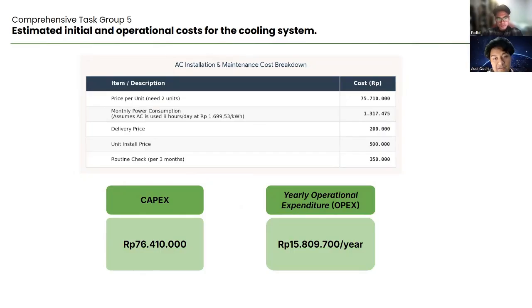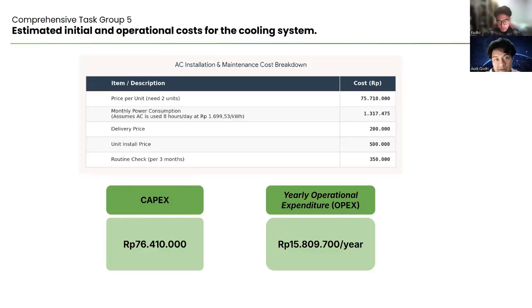The delivery price would be 200,000 rupiah. The unit install price would be 500,000 rupiah. The routine check per 3 months would be 350,000 rupiah. So the CAPEX would be 76,410,000 rupiah.